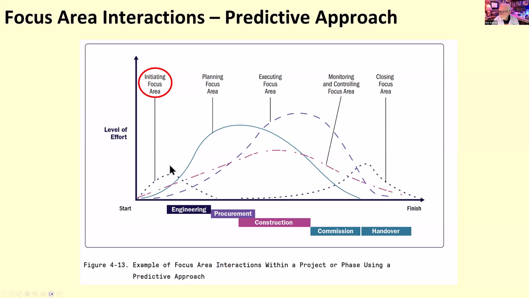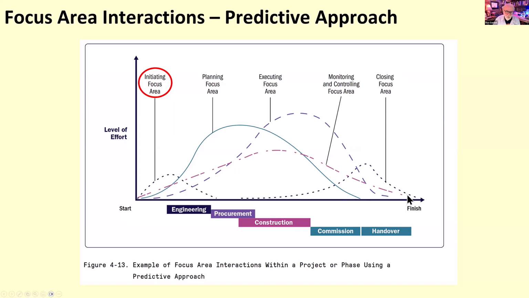But typically in a predictive model, we start here with initiation, and these things all start ramping up, and then we get into planning in a big way, and you can see everything goes up and forms these curves. And then somewhere in here we start this closing area. This is where we start to accept deliverables and start closing the project out.